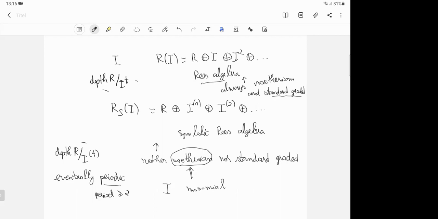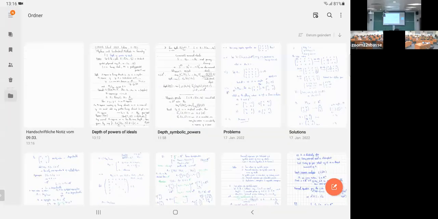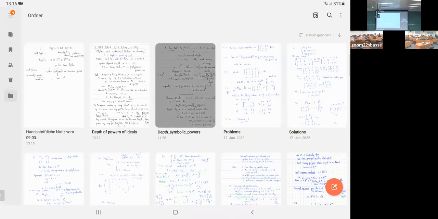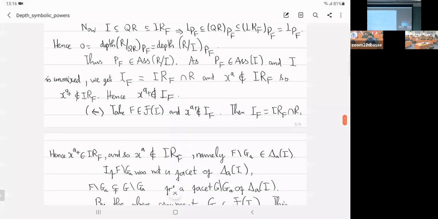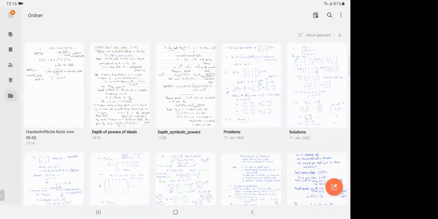Yeah, usually people do not compare the depth of ordinary and symbolic powers. They are completely independent, so incomparable. There is some relation, but it's difficult to tell.